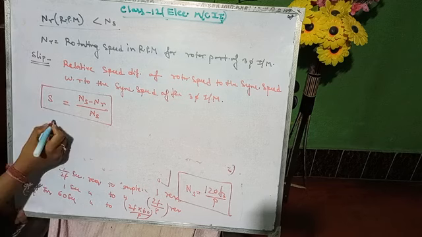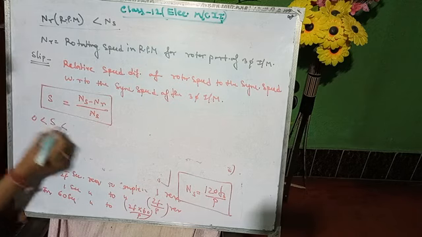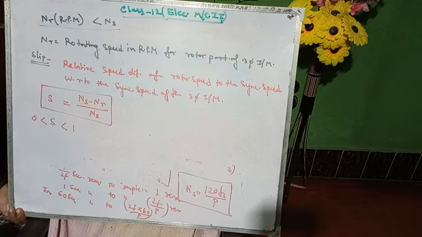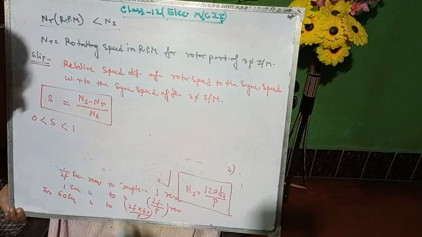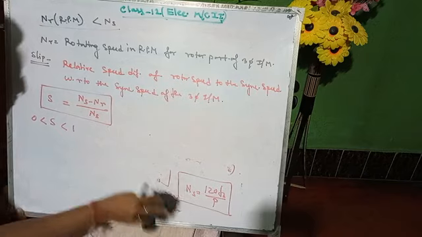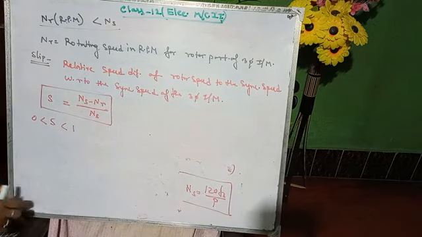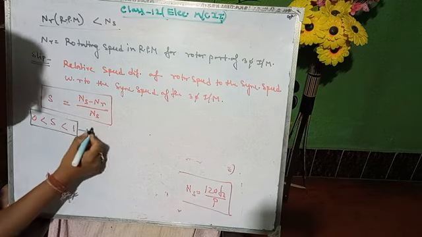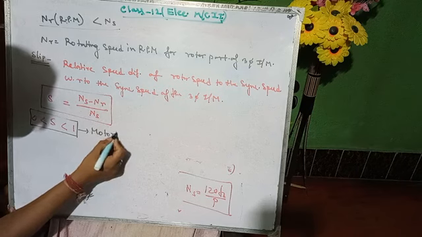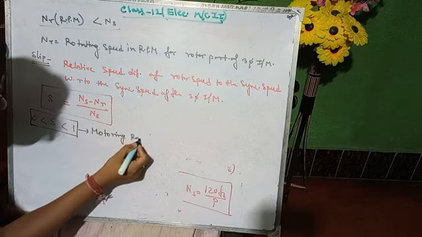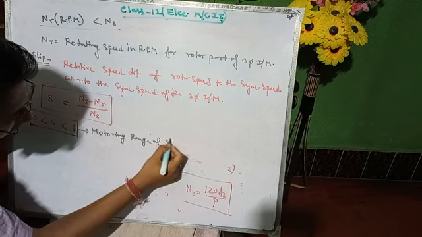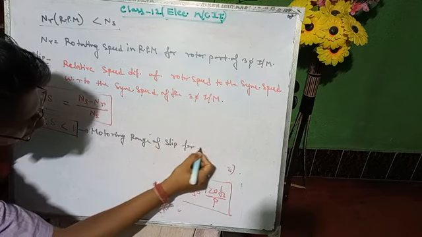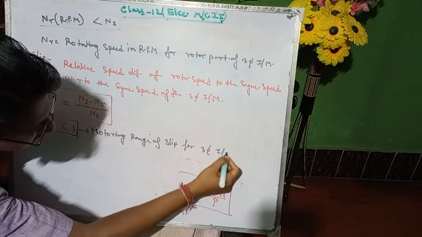Now this slip varies between 0 and 1. Always remember, slip varies from 0 to 1. And what is the significance of this slip? Now you have to write the significance. This is called the motoring range of slip for a 3-phase induction motor.